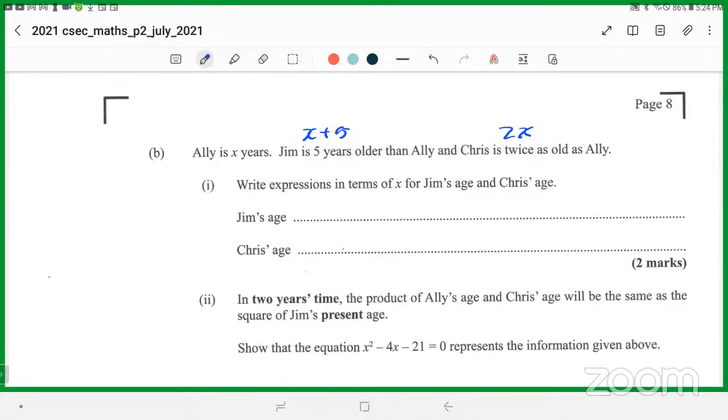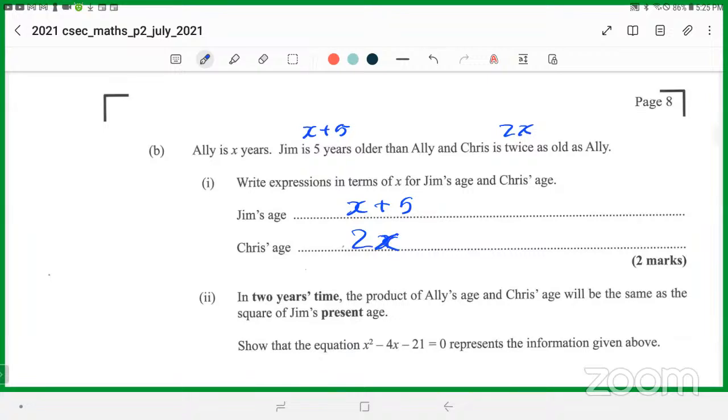It says write expressions in terms of X for Jim's and Chris's ages. So Jim's age is X plus 5, and Chris's age is twice Ali's age, so this is 2X. Easy like that. 1 mark for each of those.